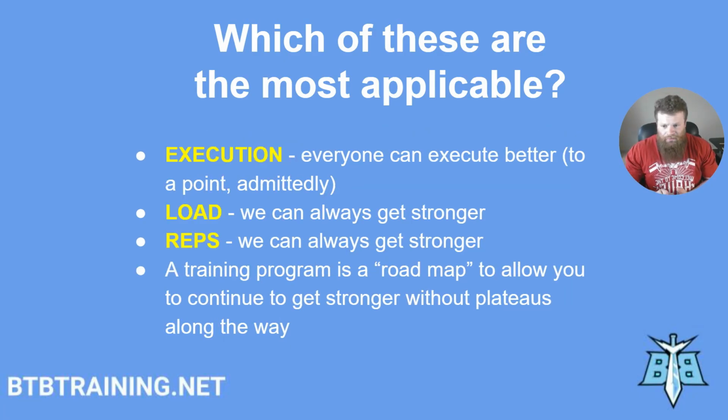So that leaves what I believe to be the three main ways that we should be focusing on eliciting progressive overload in the gym. Number one would be execution. Everyone who's watching this video can execute their lifts better, even me.